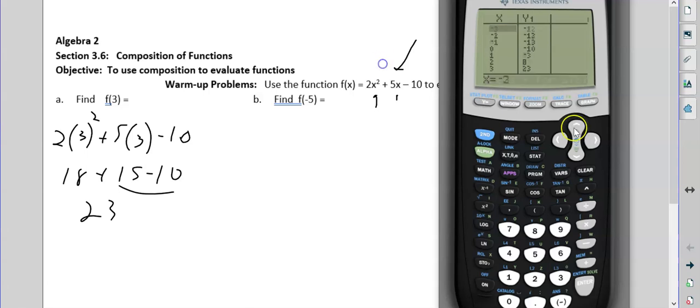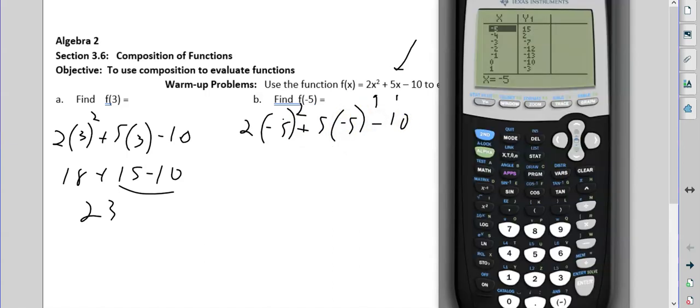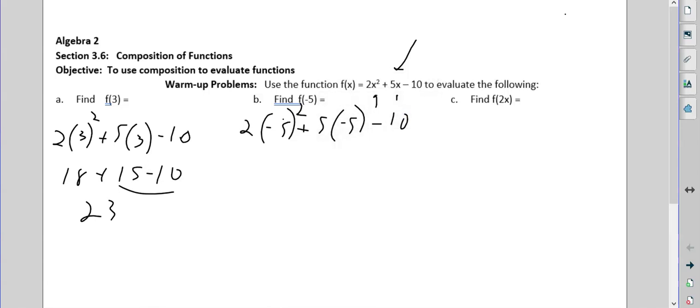And you can go to negative 5, which is the next one we're going to do. And 15. So we should get 15 here. So we're going to do 2, take that out, put negative 5 squared plus 5 times negative 5 minus 10. Okay.